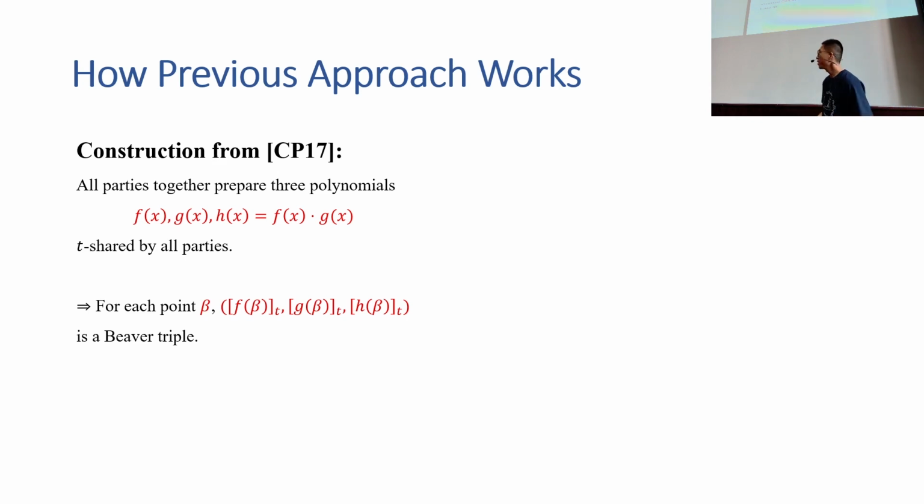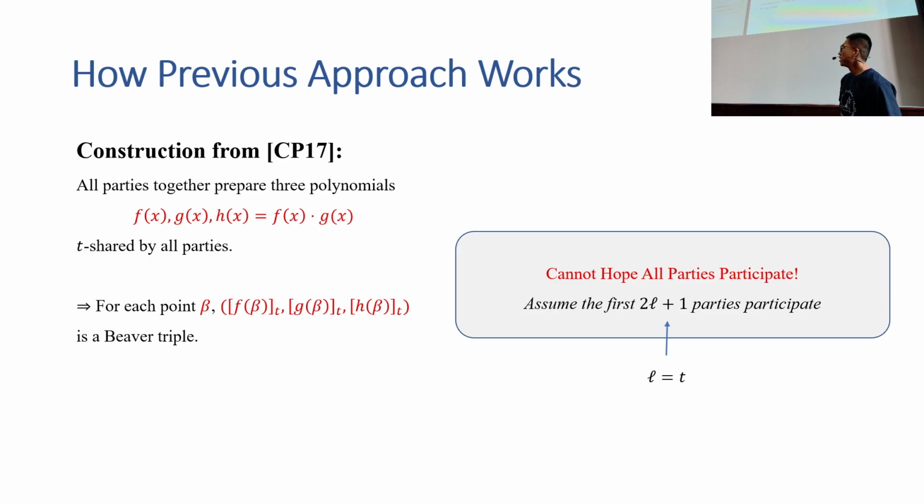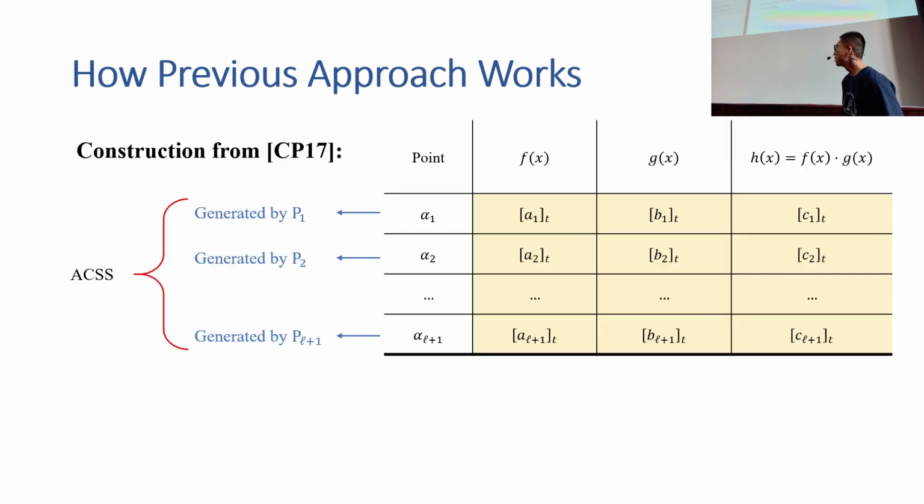Okay. Of course, we cannot hope all the parties participate, so let's assume that now we have 2L plus 1 parties participate. So for now, you can just think that L is equal to T. I'm using L here just for generality. Okay. Now, the point is that we'll let all the parties first just generate random Beaver triples and share them.